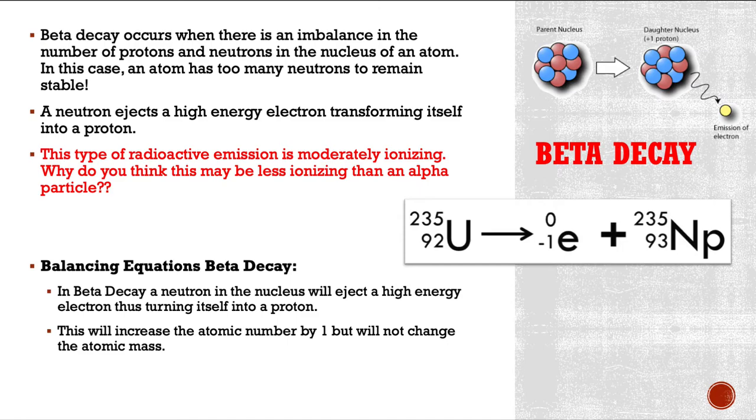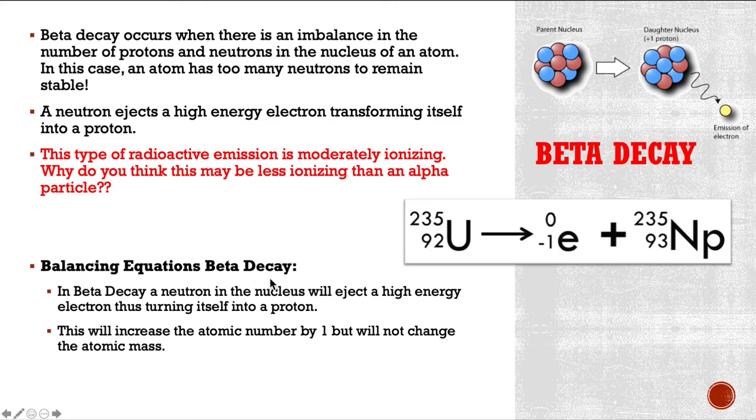And it's also smaller. Because it's smaller and it's a high energy electron, it's able to penetrate materials a little bit better than an alpha particle, but it's not quite as ionizing because one single electron adding itself to an atom somewhere is just ionizing a single thing. Alpha particles need 2 electrons, and so they're going to be more ionizing because there are more electrons involved in that.